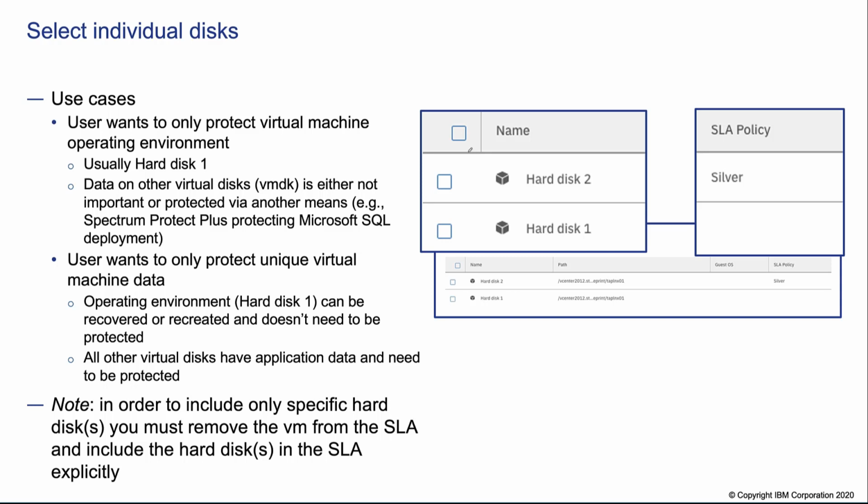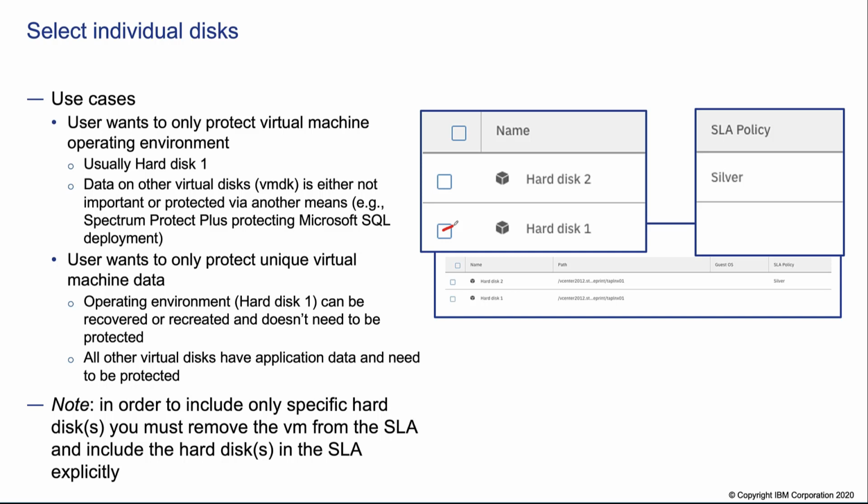One is the user only wants to protect the VM operating environment. So that's basically saying my data on disks 2, 3, or 4, etc. is disposable, or I already have another solution. We talked about Spectrum Protect Plus protecting Microsoft SQL. For example, I have that solution, and that's basically protecting the data on hard disk 2 and hard disk 3. So I only want to protect hard disk 1 in this case. So that's one use case, and that's possible by selecting hard disk 1.